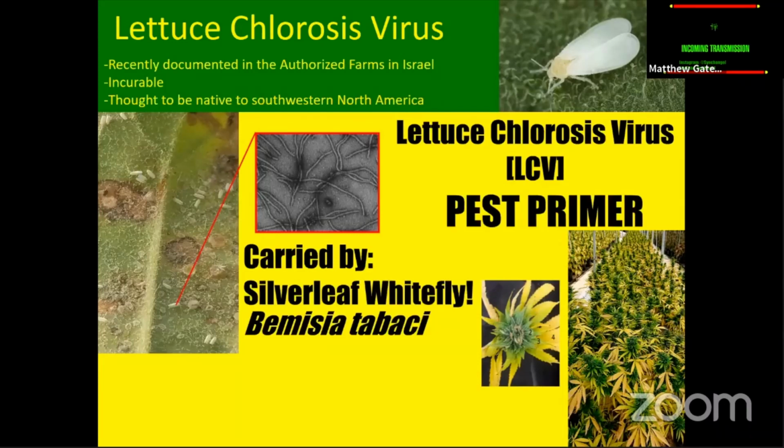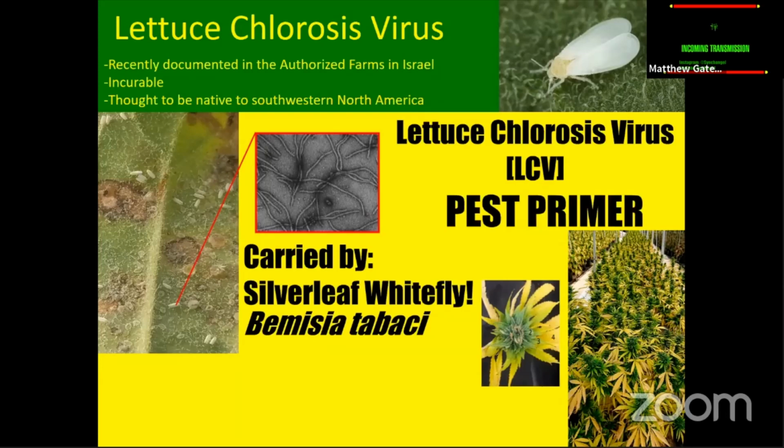So you don't really necessarily know, because the main symptom of lettuce chlorosis virus is chlorosis, that you're actually dealing with that problem. It's only after much of the plant has become chlorotic that you might be more sure, but at that point, you probably haven't achieved control, and that would be a very sad thing to happen. And you can see some diagrams of cannabis in this chlorotic state.